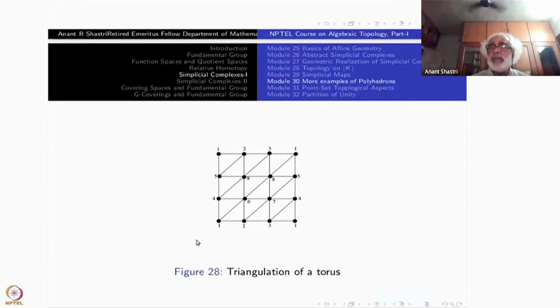Given any surface, you can give a triangulation; that is a little harder to prove. It is a big theorem. And then there are problems like this: what is the minimal number of vertices needed? What is the minimum number of edges needed, and so on? This has been a big industry for almost 30, 40 years now, and a lot of people are working on it.